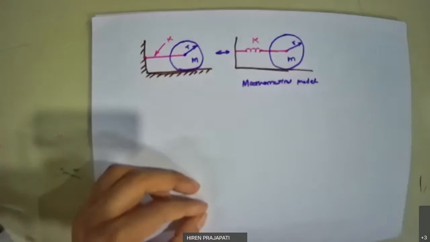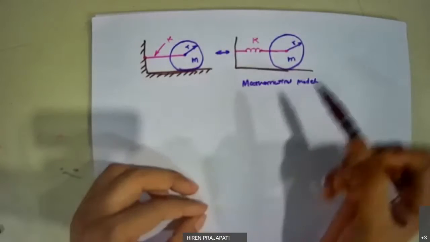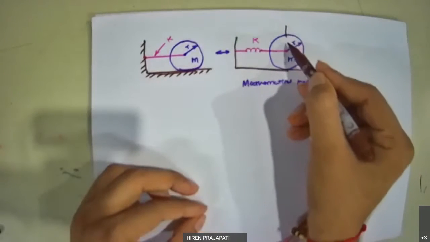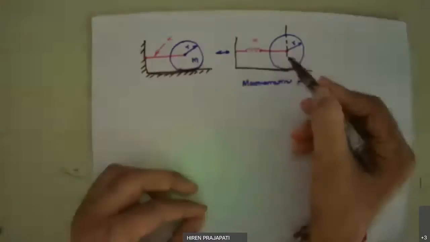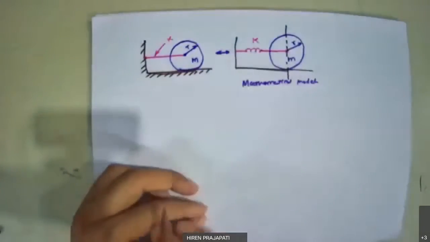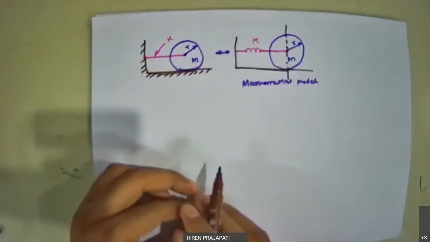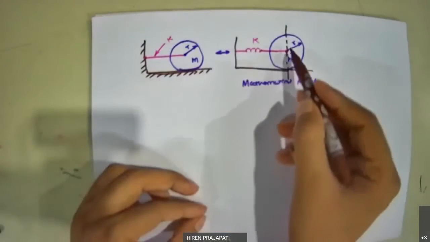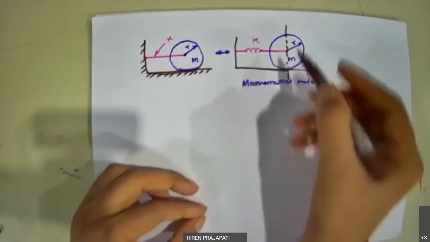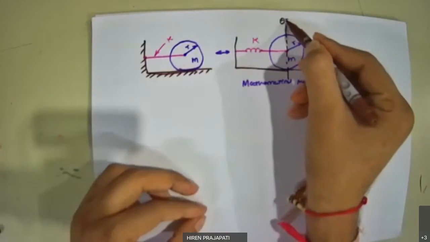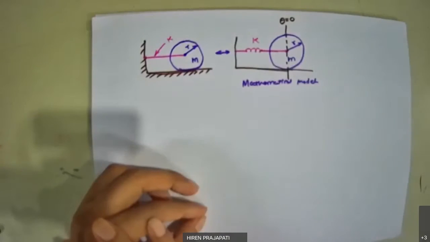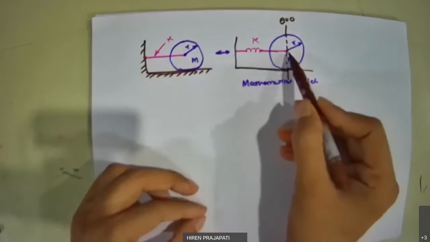Now, suppose this is the mean position of the disc. I call this position theta equals 0.